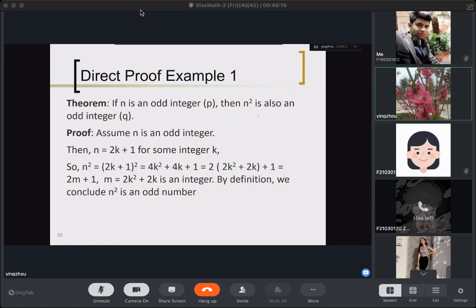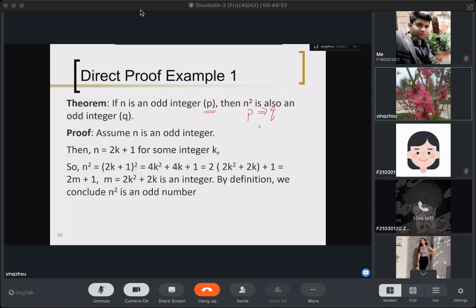That means your proof is that you want to go from P to get the result Q. For example, here P means n is an odd integer and Q means that n squared is also an odd integer. That means you do this proof: you want to go from P to get your result Q. We just use this simple P implies Q.